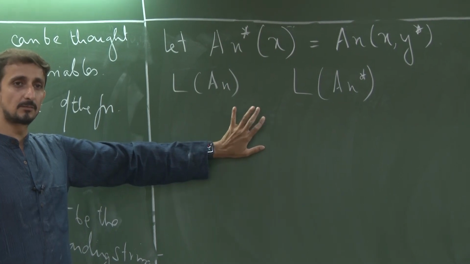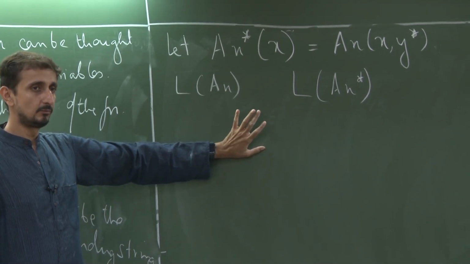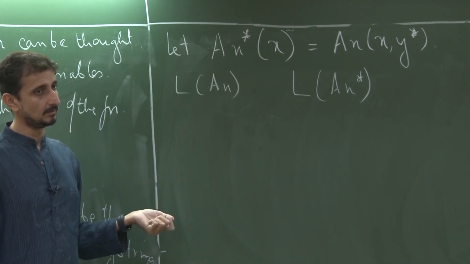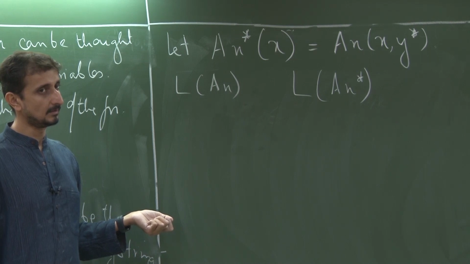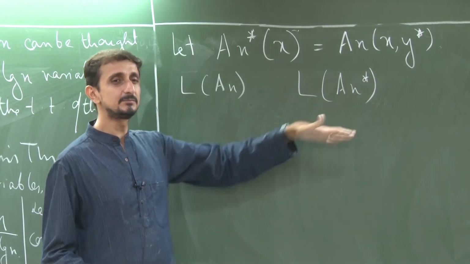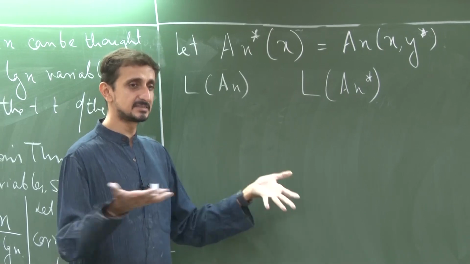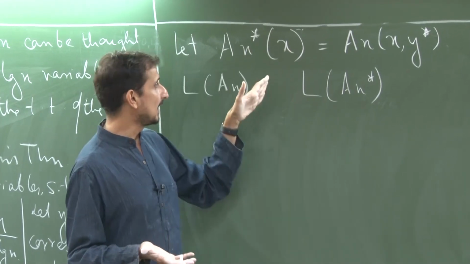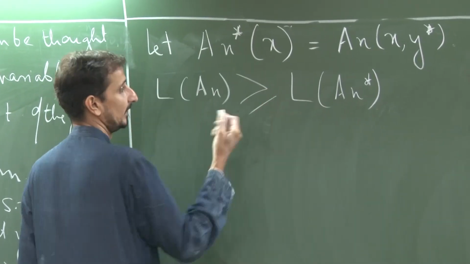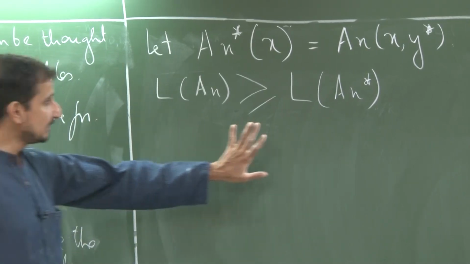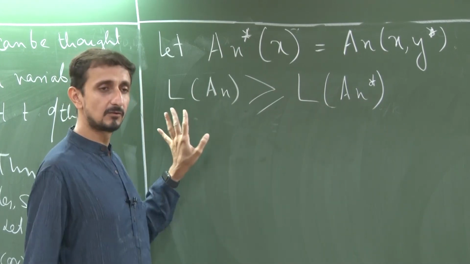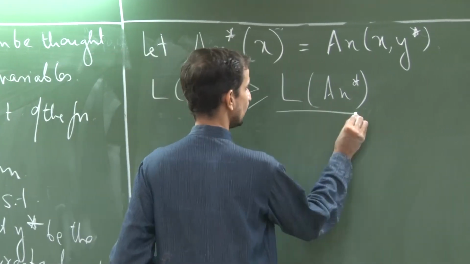How do these two lower bounds compare? Which should be more? A n, why? Exactly. This is a restricted function. It is nothing but a restriction of a n, and we saw that any restriction has a lower formula size, for obvious reasons: here I have 2n bits, here I have n bits. So this is clearly greater than or equal to this. In other words, if I am able to give a lower bound for the formula size of a n star, I will get a lower bound for a n as well. So from now on I will only focus on this function.